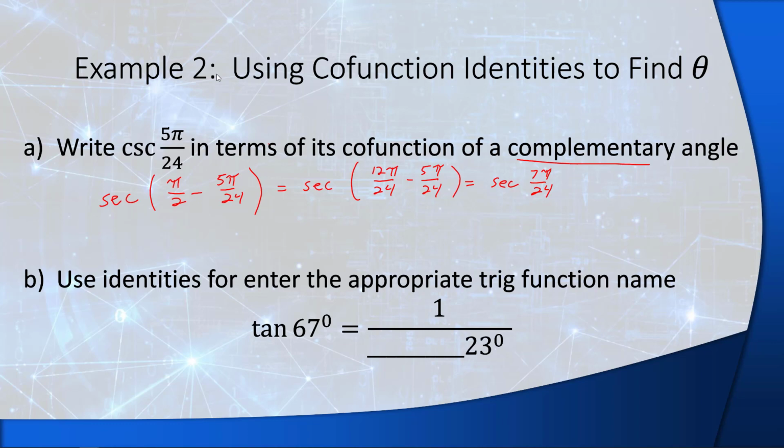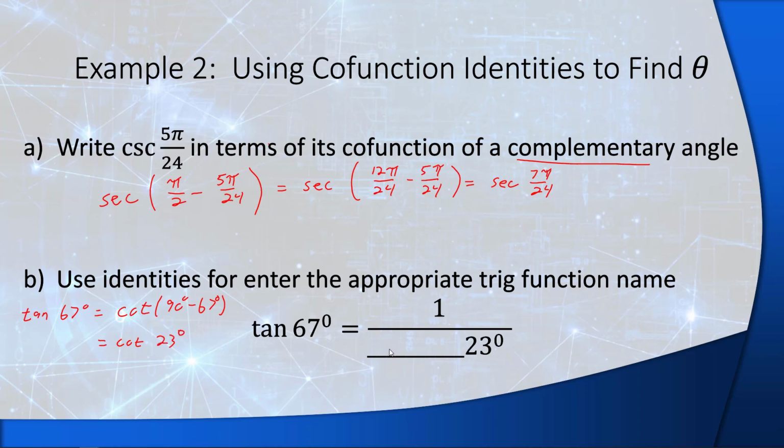Okay, now you'll see a couple of problems like this. Here we want to use the identities and enter in the appropriate trig function name. And now notice here we have the tangent of 67. Well, the tangent of 67 is going to be equal to the cofunction of its complement, which is cotangent, of its complement, which will be 90 minus 67, or the cotangent of 23 degrees.